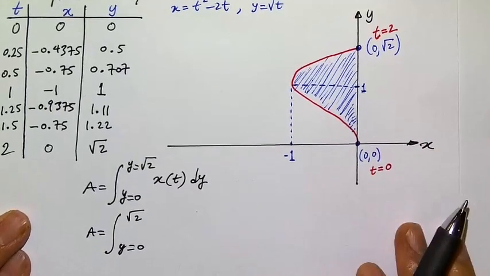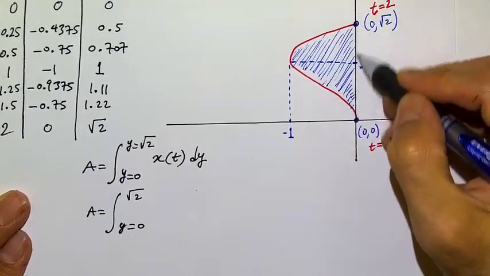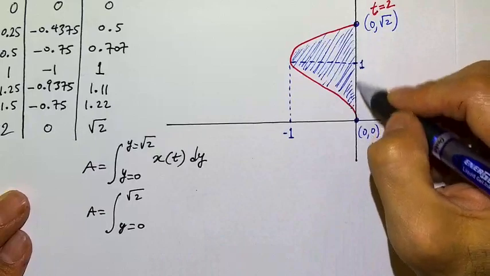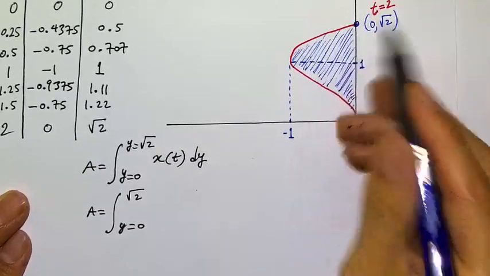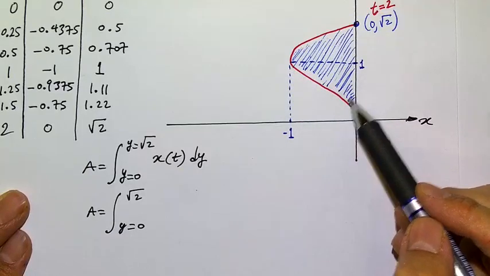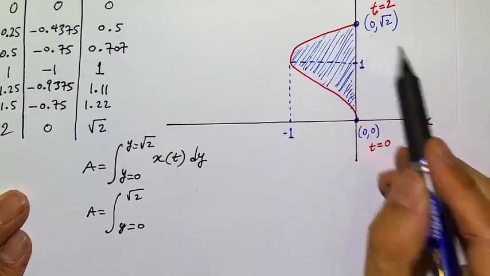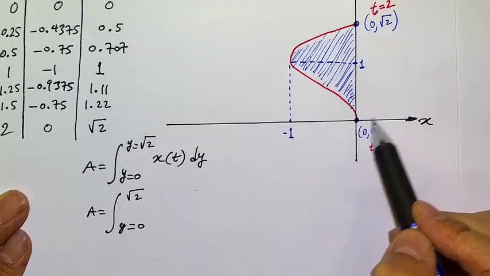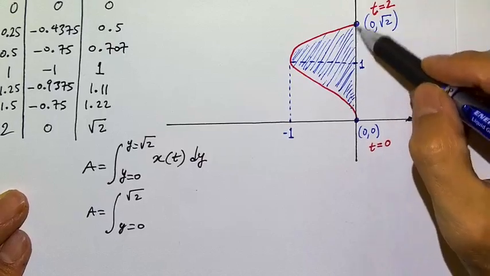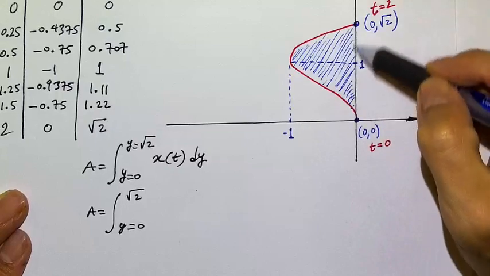So to ensure a positive area value, we take the x values on the right minus the x values on the left, in this case because the x values on the left happen to be smaller. If this curve was on this side, then the x values would be larger than this corner, and you would say this curve minus this line.